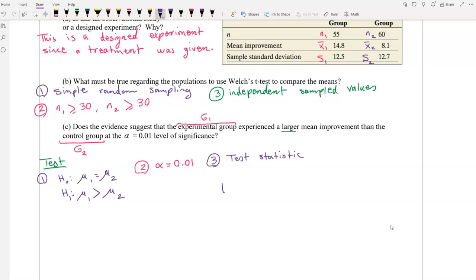Finding t. X bar 1 minus x bar 2 divided by the square root of standard deviation squared over sample size.